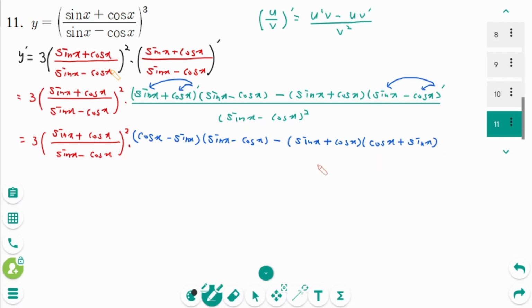Make the positive, and over sin x minus cosine x squared.